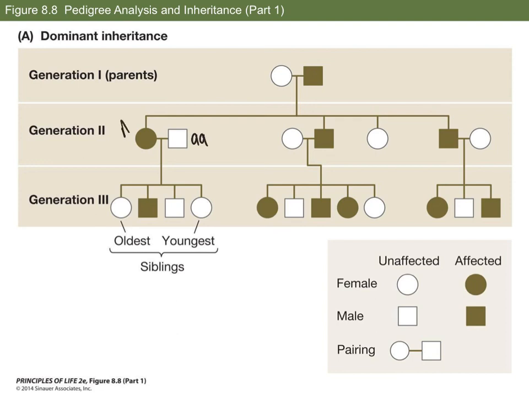Whether this person is heterozygous dominant or homozygous dominant can be determined by looking at their offspring. Because the only way that this person right here, since they are not affected, has little a, well, think about where those came from. This one right here came from this parent. So that means this one right here must have come from this parent right here.